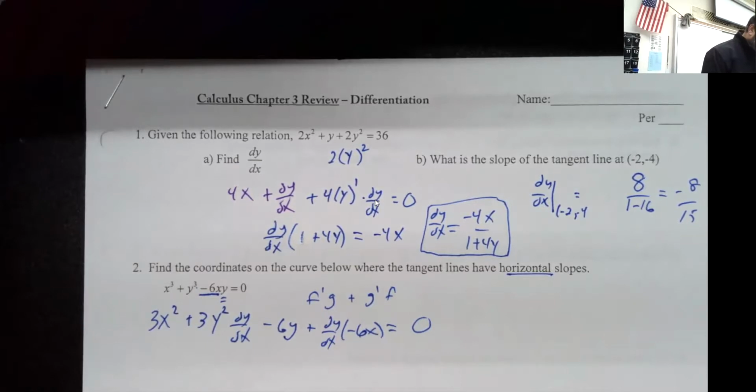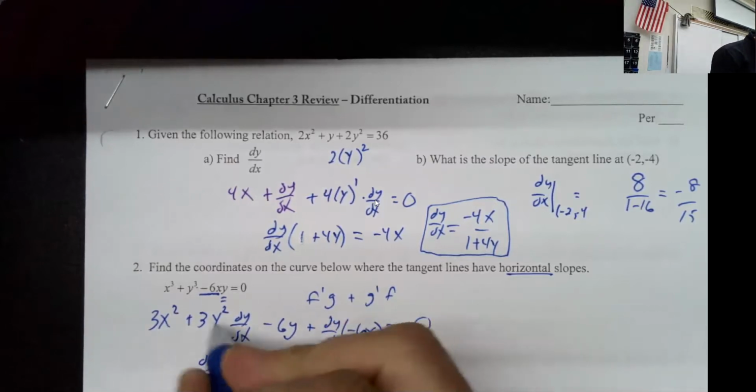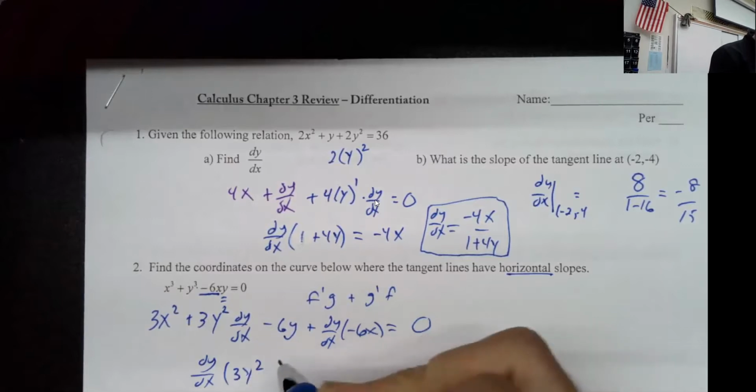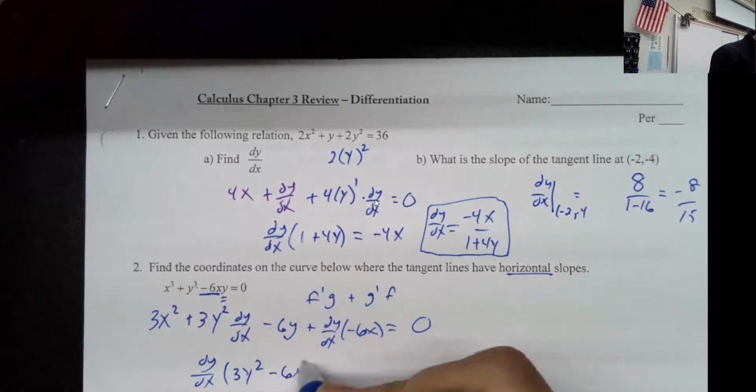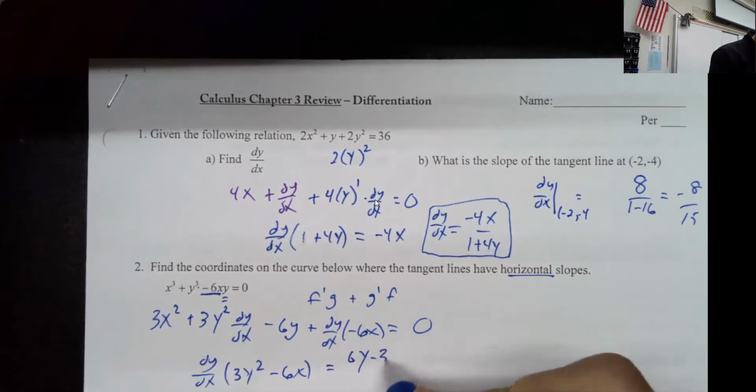Now, again, just like before, I have 2 different terms that have a dy dx in them, right there and there. So dy dx is being applied to both the 3y squared as well as the negative 6x from this term over here. And I'm going to clear these things to the other side and have positive 6y minus 3x squared.